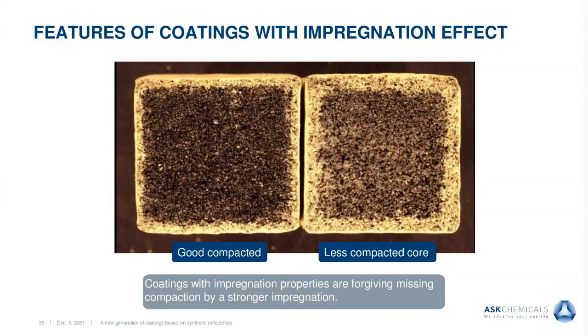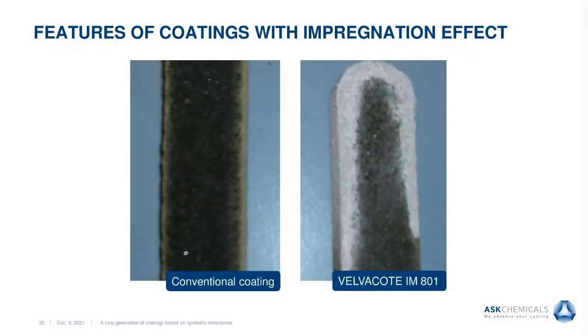How to maintain quality? Certainly the impregnation coating is an interesting feature. As you see on the left picture, on a conventional coating, the coating only soaks into the voids, let's say 1 or 2 millimeters, whereas an impregnation coating, dependent on the viscosity, soaks in 5 to 20 millimeters.